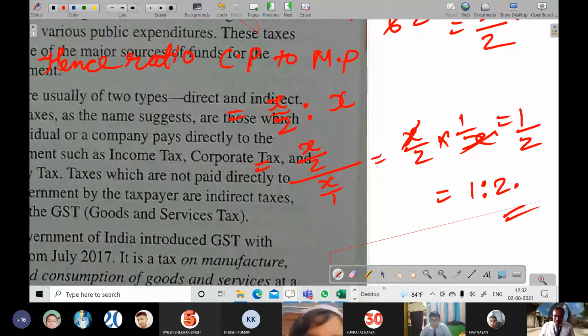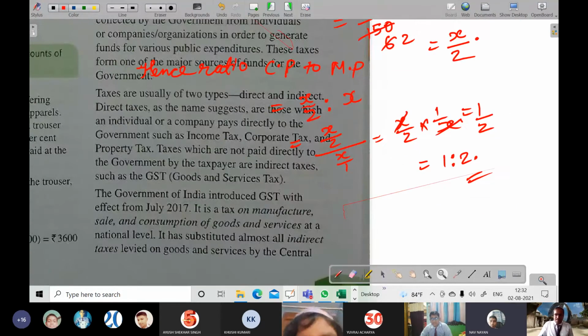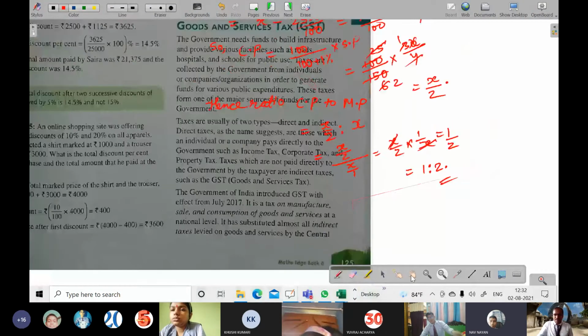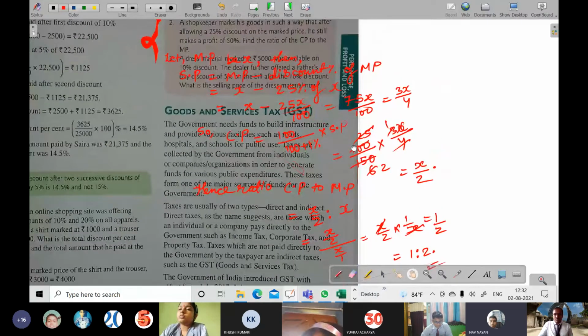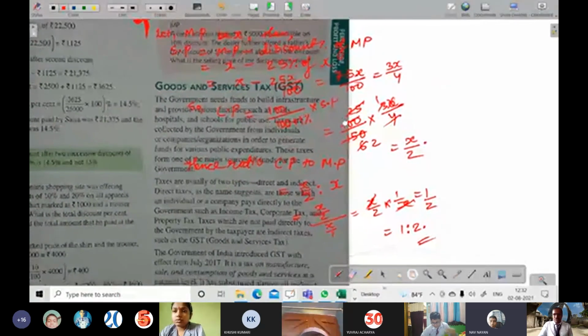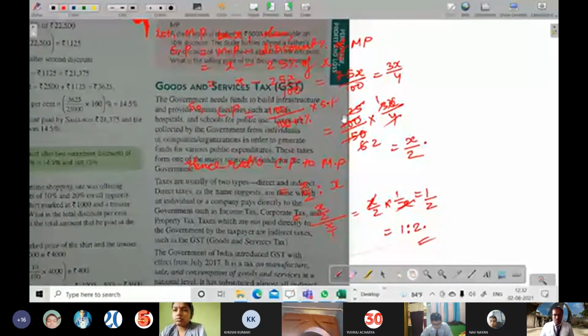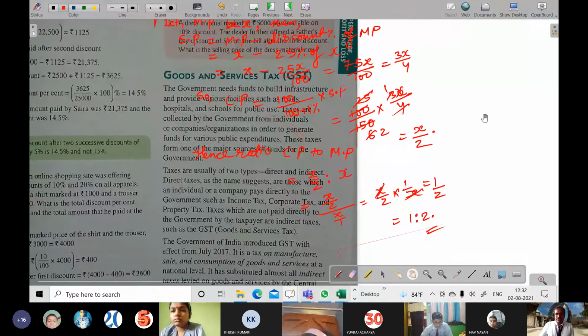Is this clear to everyone? Yes, sir. Sir, in page number 123, question number 1, I am not able to solve. I am solving, the answer is not matching. Okay, I'll do that also. So now this is a small form. If anyone wants to copy, you can copy it.